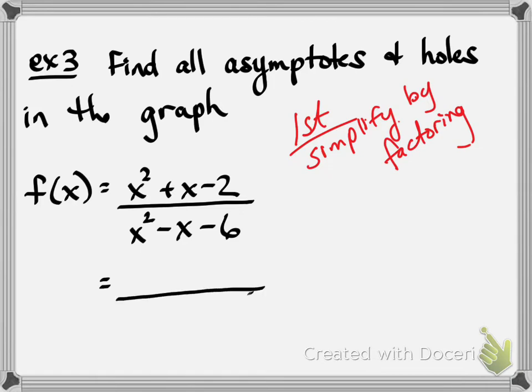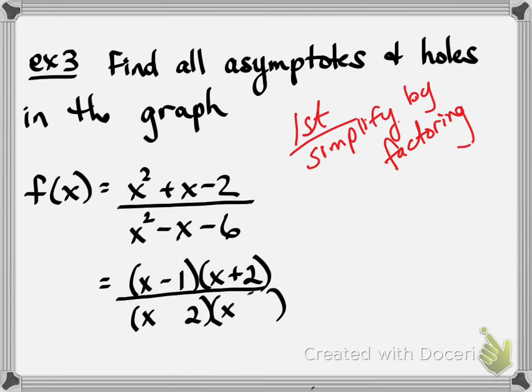So the numerator is going to factor because it's a quadratic with x and 1 and 2 and a minus and a plus. The denominator also factors. It's x and 2 and 3 and plus and minus.